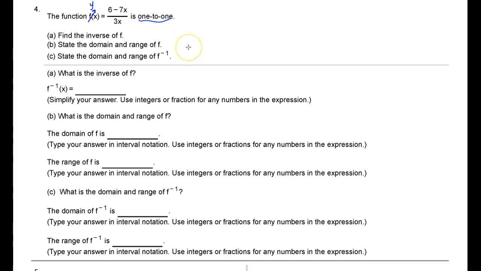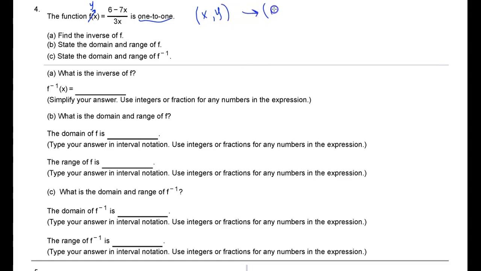And if you remember the mapping that I was telling you about, if we have a function with points (x, y) on it, then every x value will have a unique y value.